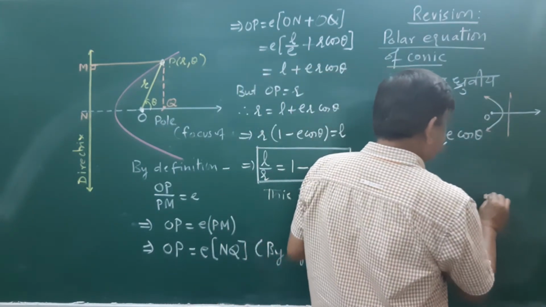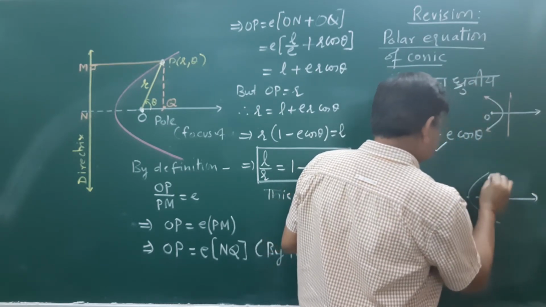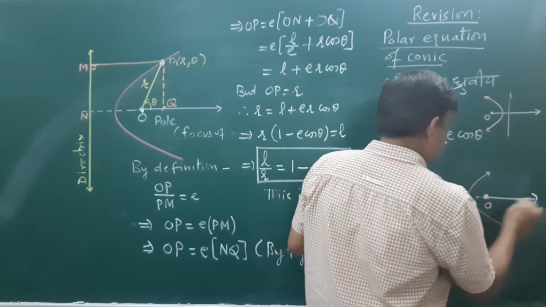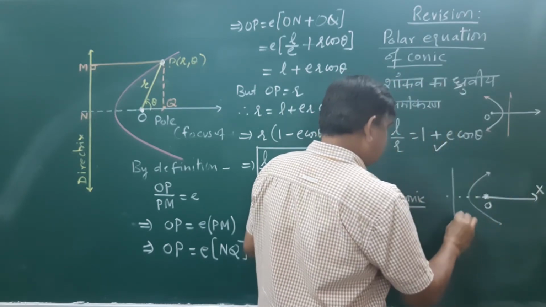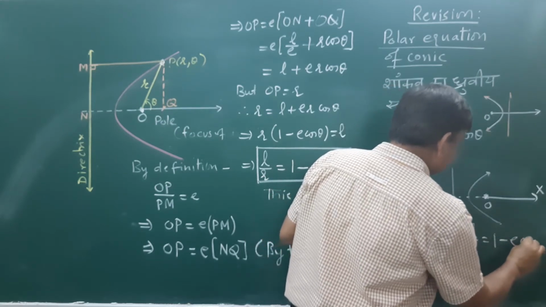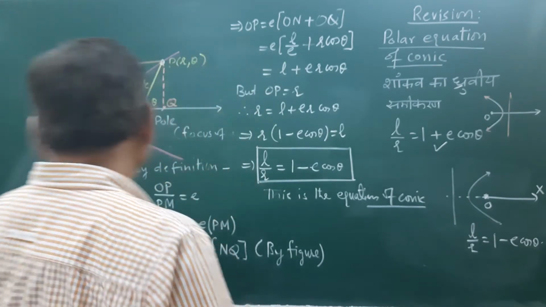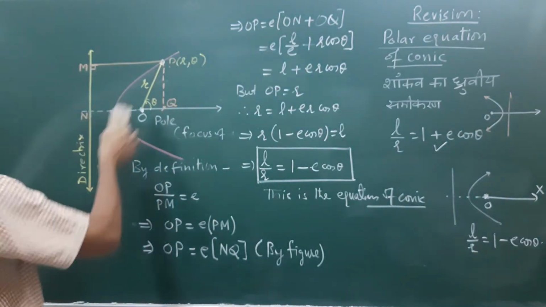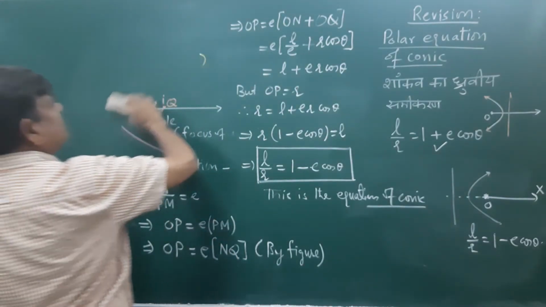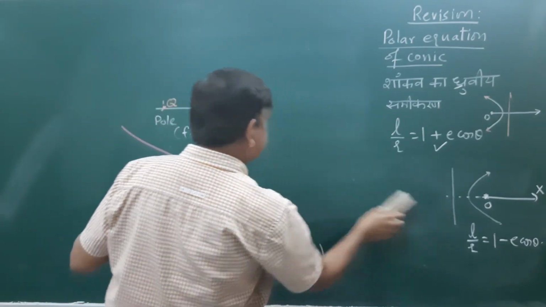And if we have this side, so that's the directrix, then this equation will be L by R equals to 1 minus E cos theta. Okay. Now we consider one more situation.